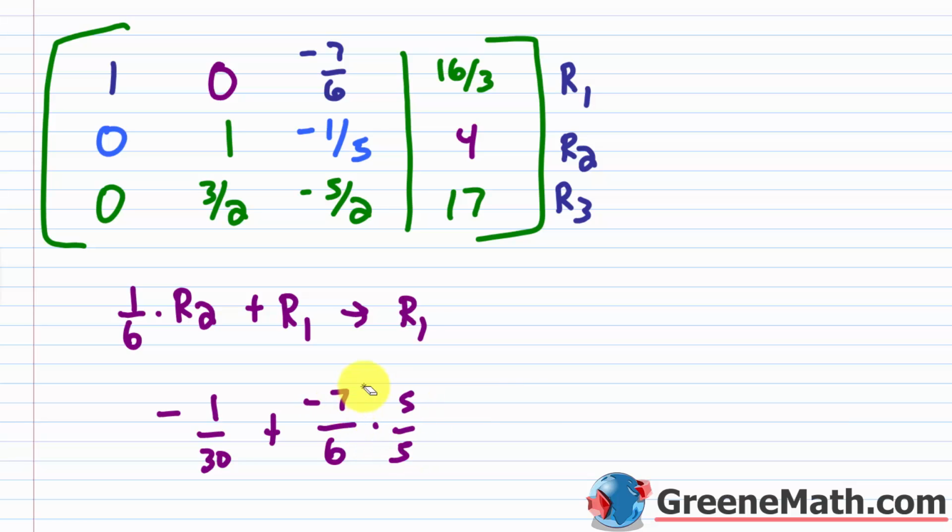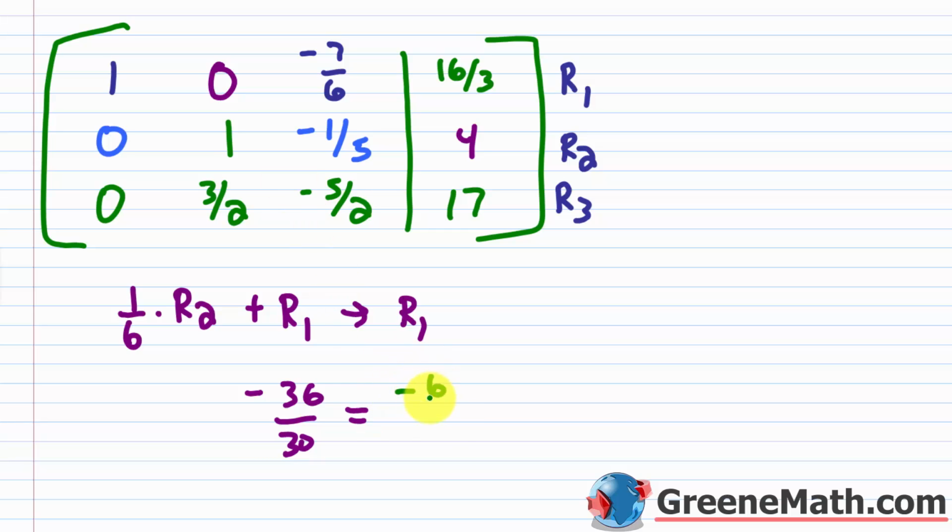Negative 7 times 5 is negative 35. So you would have negative 35 over 30. And negative 1 plus negative 35 is negative 36. So let's say this is negative 36 over 30, which is what? Each is divisible by 6. This would be negative 6 over 5. So I'll replace this with negative 6/5.